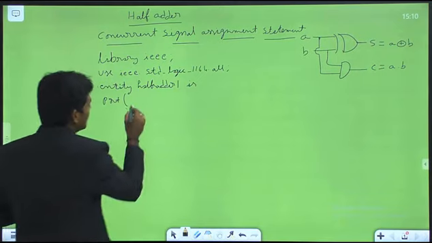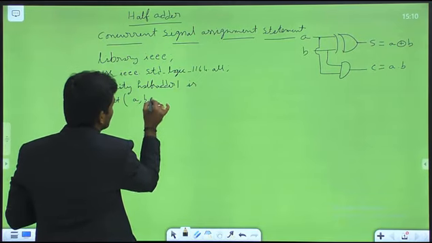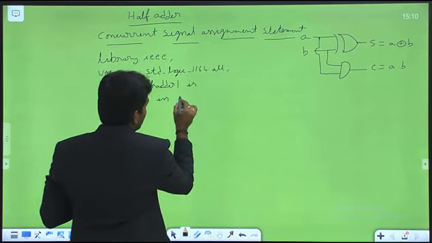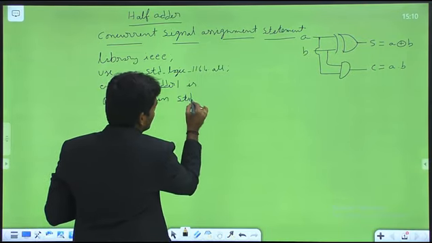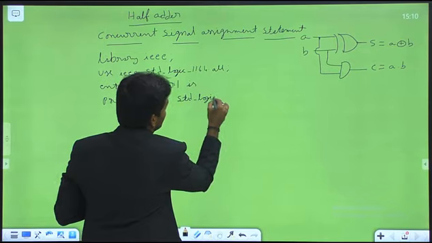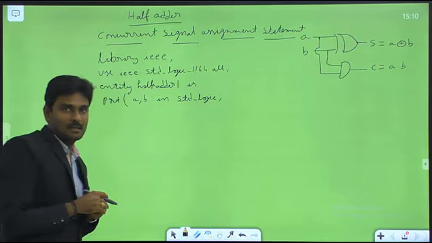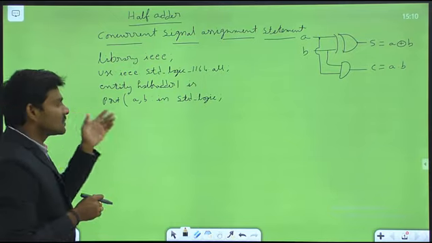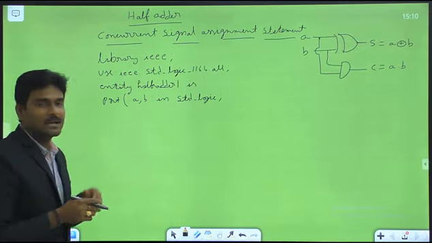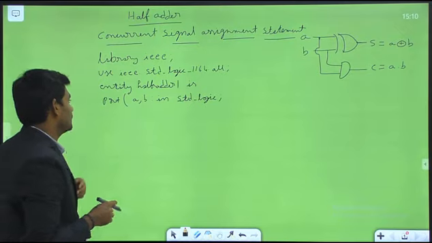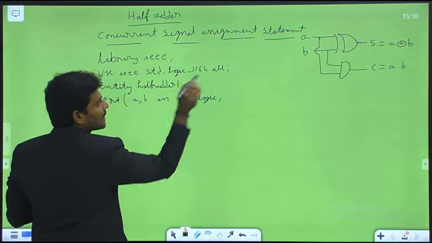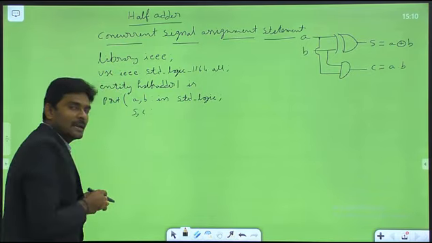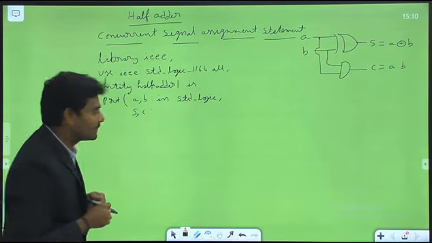A comma B, these two are inputs. The mode is in, and the signal type is std_logic, so any of the nine values can be assigned to either A or B. Next we mention the outputs, S comma C, where S indicates the sum and C indicates the carry.